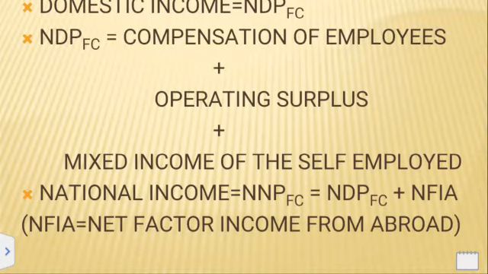Take for example a farmer. A farmer has 1 acre of land. On this 1 acre of land, he is working by himself. His family members are also giving their labor on the land owned by the farmer himself.